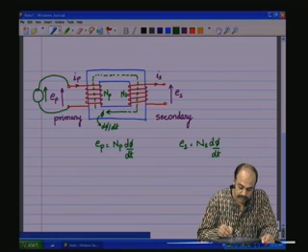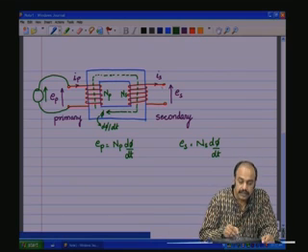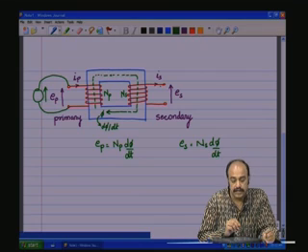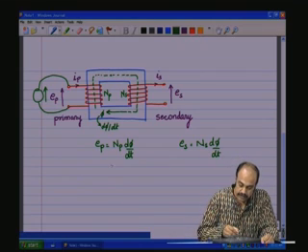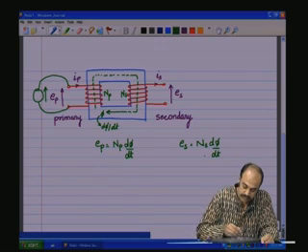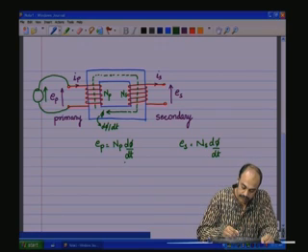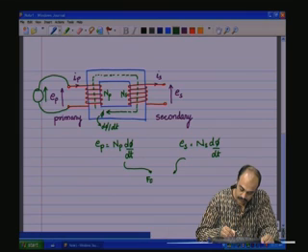So, NS d phi by dt is going to cause a voltage ES to be induced across the secondary coil. All this by Faraday's law, isn't it? Both of these are by Faraday's law.